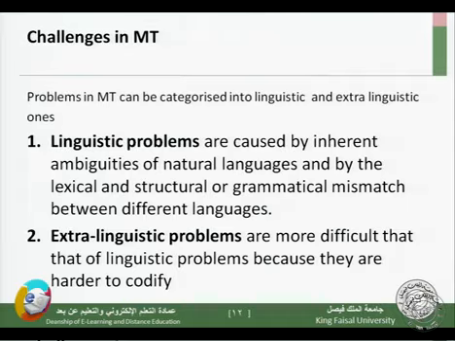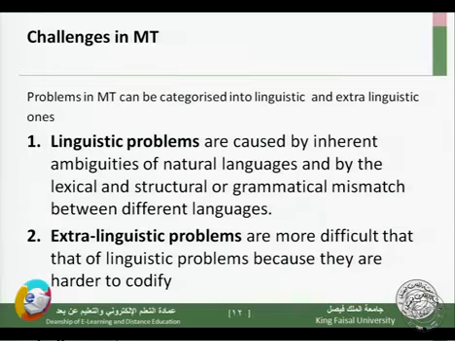Like cultural problems. How can you codify cultural problems? How can you codify, for instance, a socio-cultural problem? So these are extra linguistic. It means they are not linguistic. This type of problem is really difficult to get into machine translation programs.